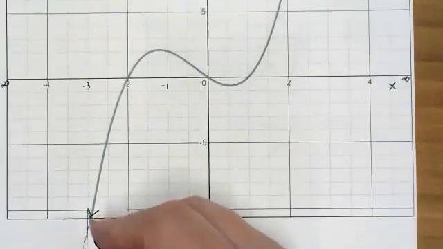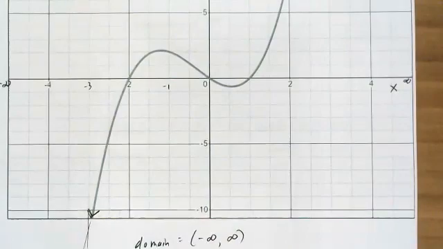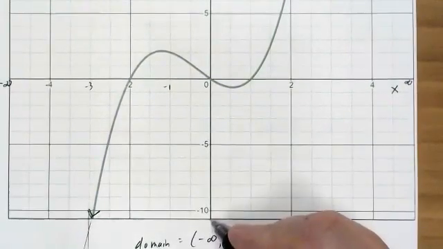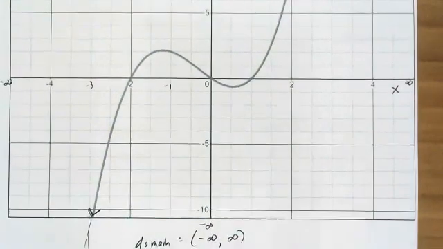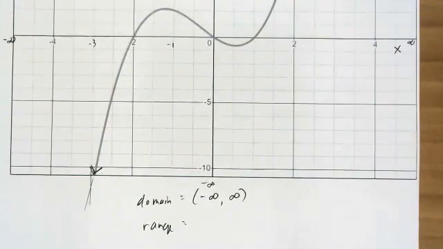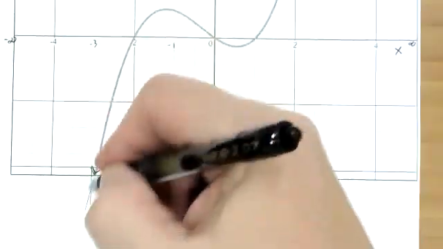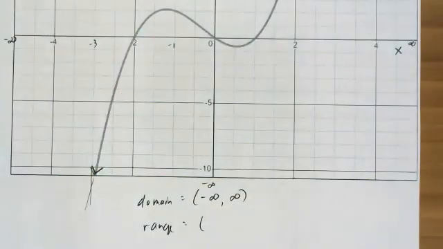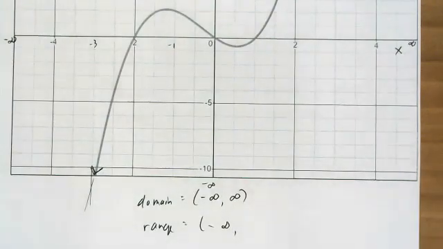Well, for this one, since it's going down, and it looks like it continues on forever, you can imagine eventually it's going to go to negative infinity. So therefore, the range, the smallest value of the function where this graph exists, it's going to be negative infinity.